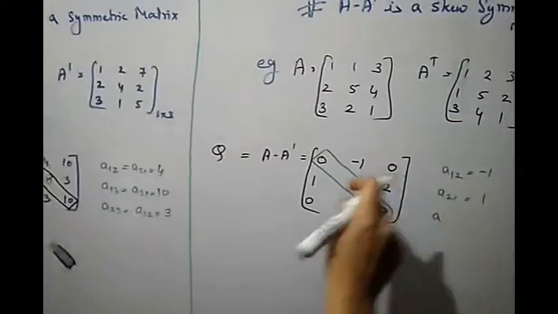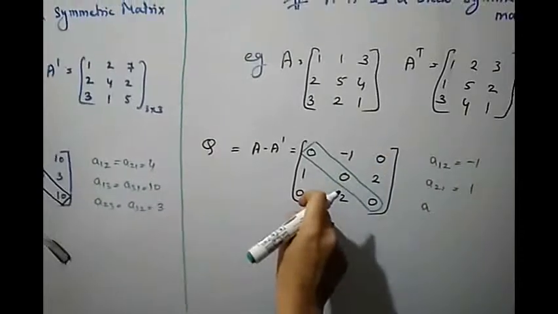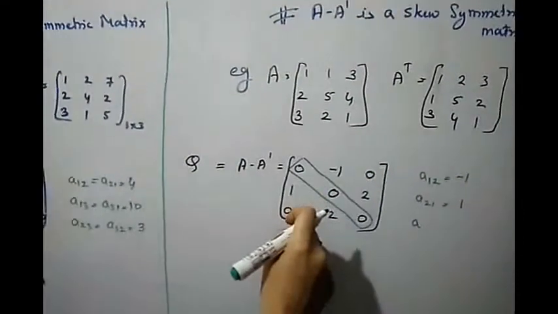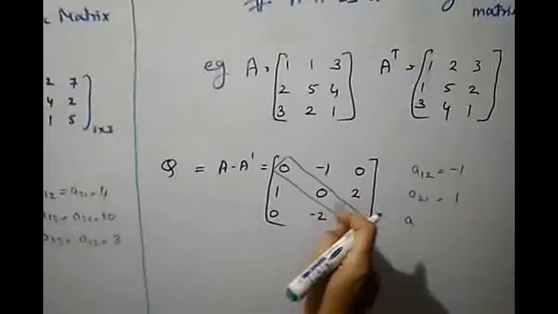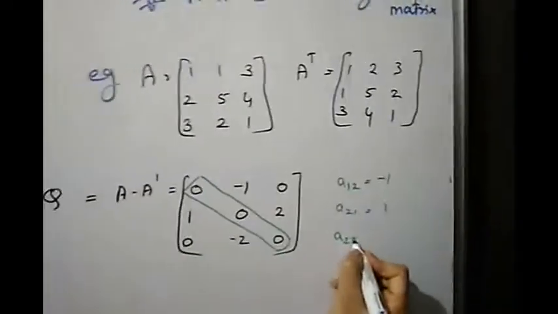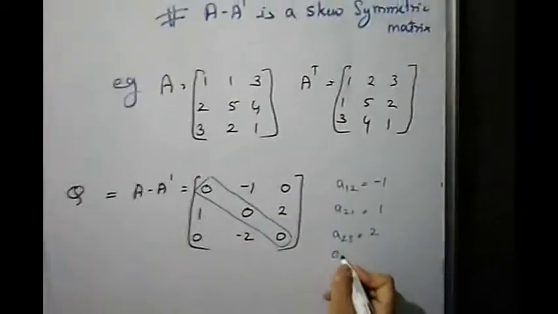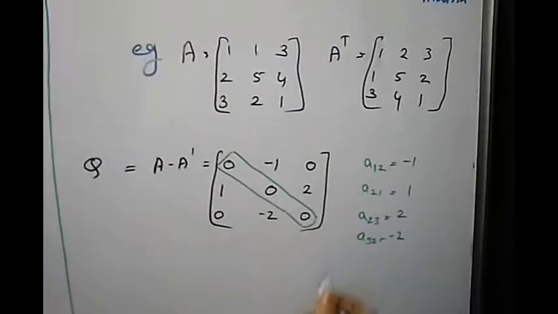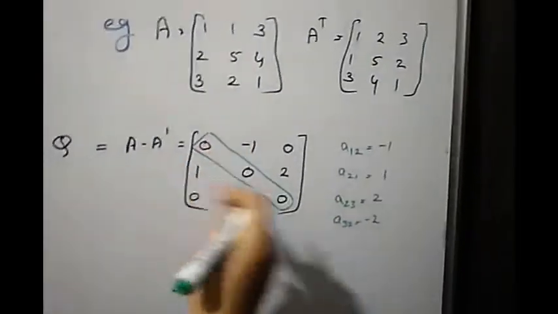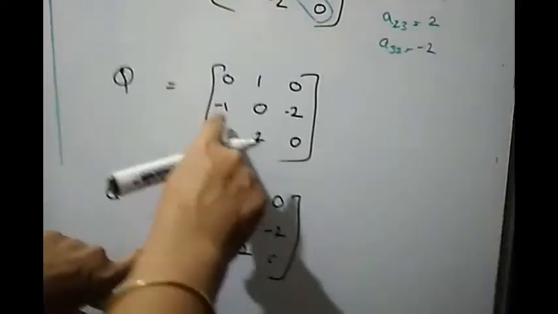Here, since we cannot compare the zeros after subtraction, we will be comparing these two: a23 is 2, then a32 is minus 2.